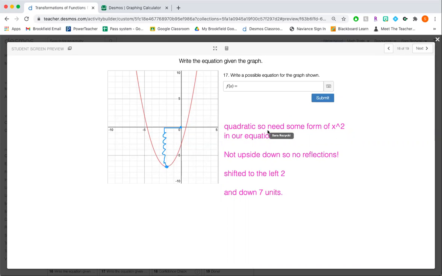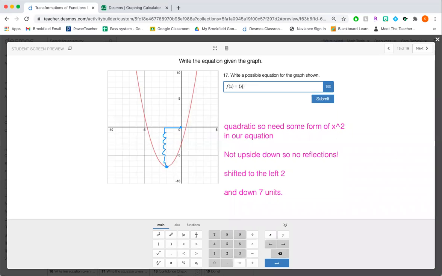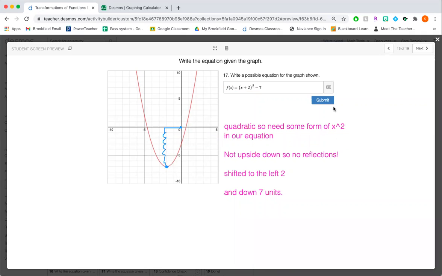Now I need to put those in an equation. So this is going to be x plus 2 in parentheses to represent my horizontal shift, and I'm going to square that, and then minus 7 on the outside. There are some other types of transformations that you could look at, but it would make this complicated, so I'm not going to really talk about that.